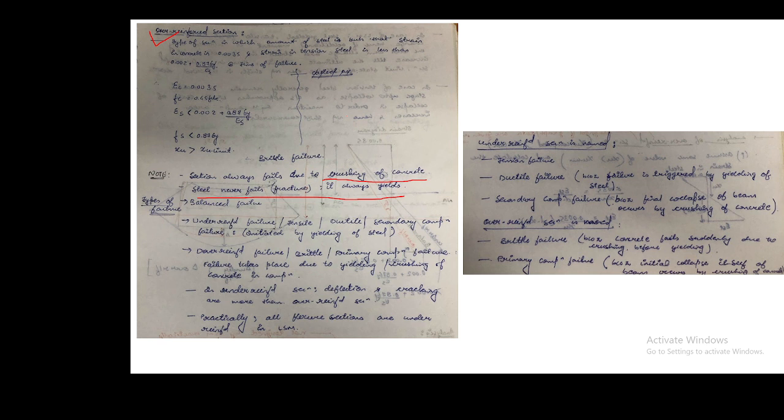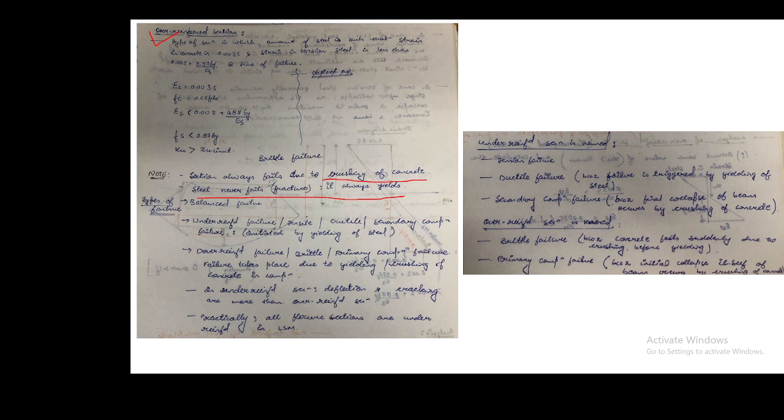Why not the ultimate strength for steel? For concrete also we consider the ultimate strength, then take the characteristic strength from that, and divide by the partial factor of safety. Why is steel considered at yield strength, and for concrete the characteristic strength?